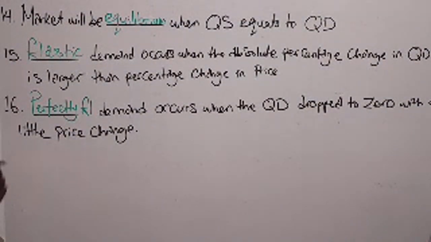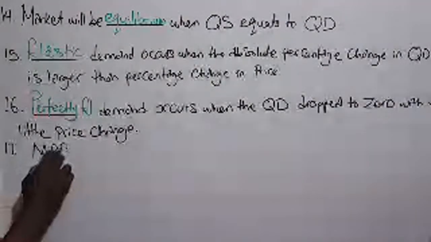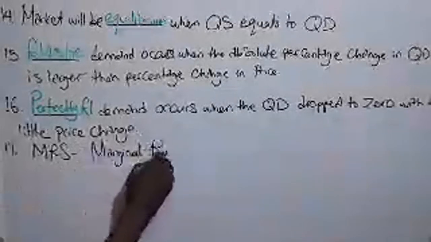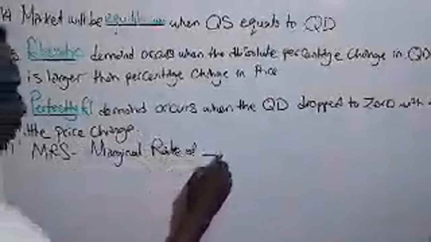So now let's take the last set of questions. It says here, MRS is an acronym for dash. MRS. We have marginal rate of dash.